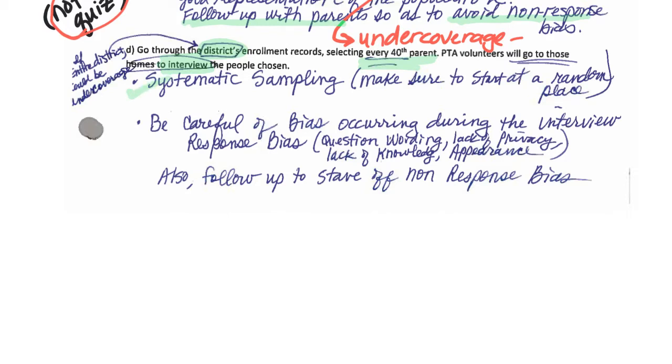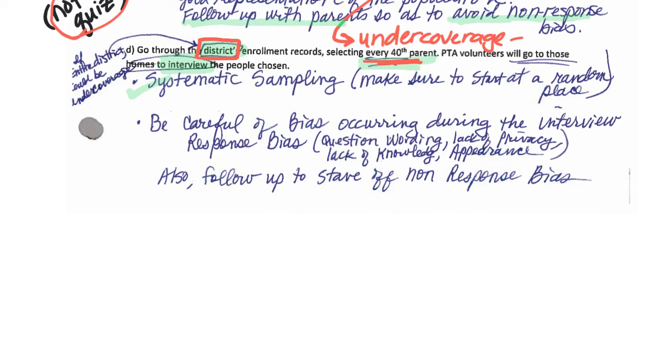It is good. However, I have a concern about going through the entire district's enrollment. Is it possible that every 40th parent is not an elementary school parent? Maybe every 40th one, just because of randomness in the list, happens to be a secondary parent.